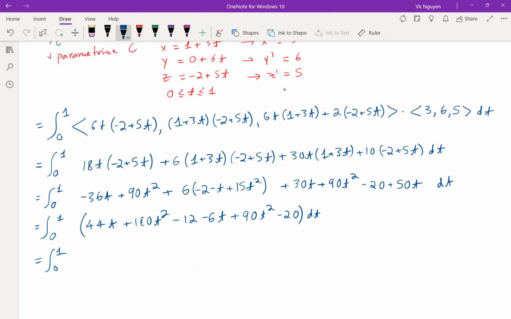Okay, so we have a 270t squared. 44 minus 6 is plus 38t. And then minus 12 minus 20 is minus 32. Okay. Woo.